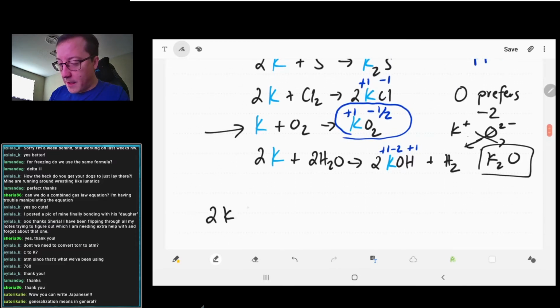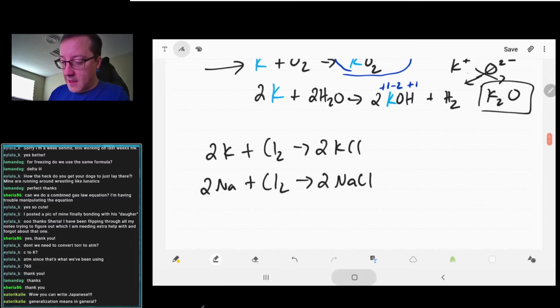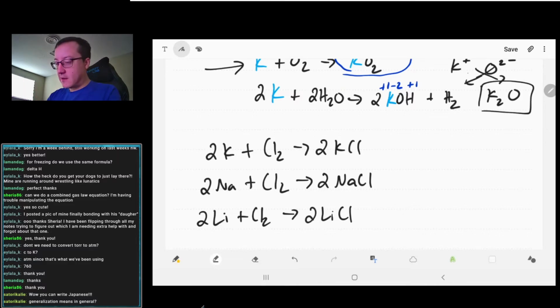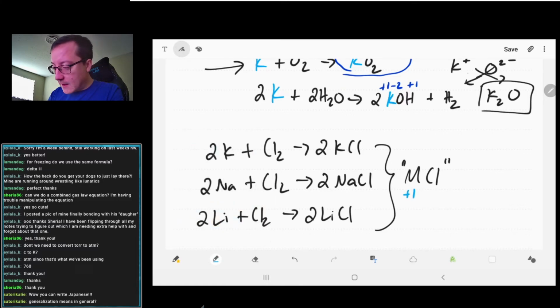We could swap out the alkali metal and still get the same product. If we put sodium instead, we would get the same exact thing, and lithium, we would get the same product. And so these are all like this MCl thing where we have a +1 and a -1.